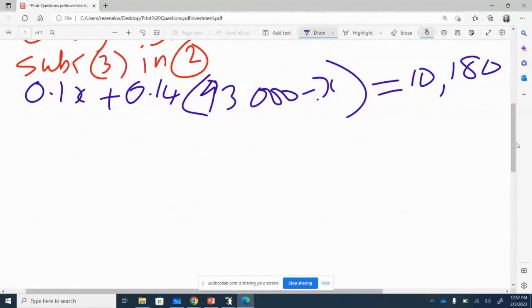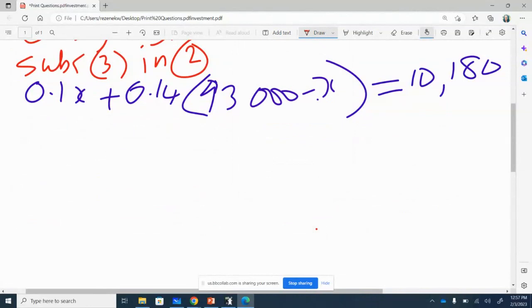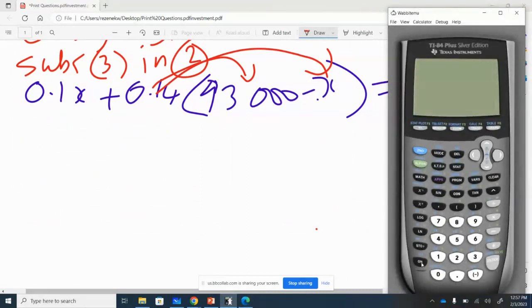Open the parentheses, distribute into the parentheses. I have 0.14 into 93,000, 0.14 into negative x. I'll put my calculator back in and turn it on. I can just clear.